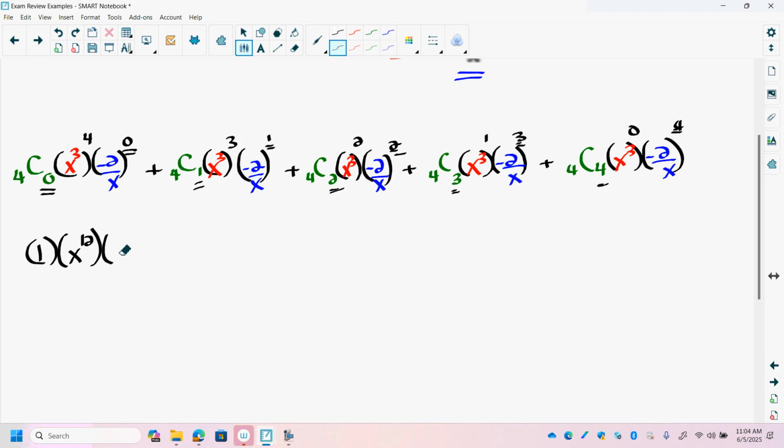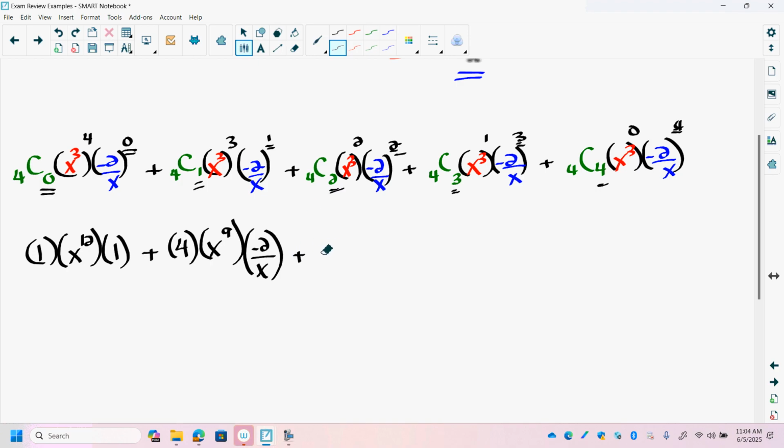Anything to the power of 0, it's a 1. 4c1. Okay, that's a 4. x cubed to the 3rd, that's x to the 9th. This gives me negative 2 to the first, negative 2 over x to the first, x.